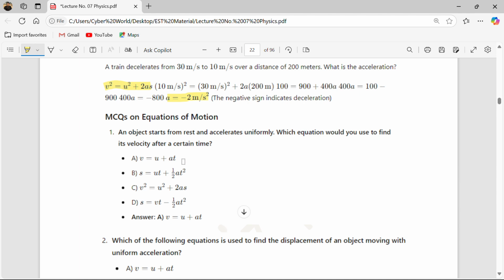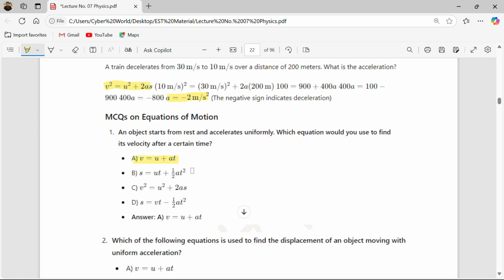So the MCQs related to these topics are mentioned below. Let's start. An object starts from rest and accelerates uniformly. Which equation of motion would you use to find the velocity? Very important: if a body starts from rest, this means its initial velocity is 0, and having some time, we can easily calculate the final velocity with the help of the first equation of motion.